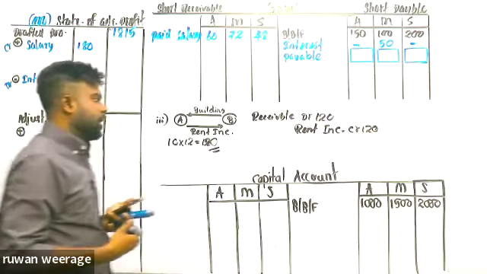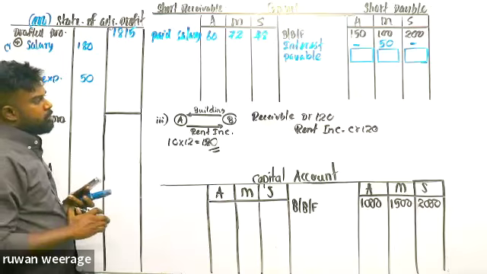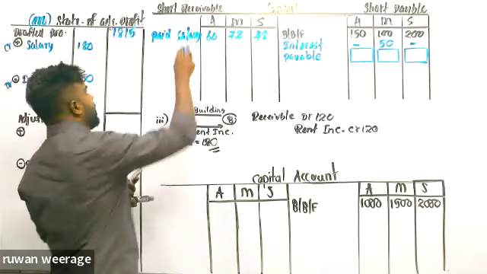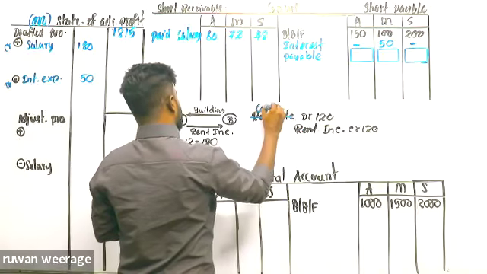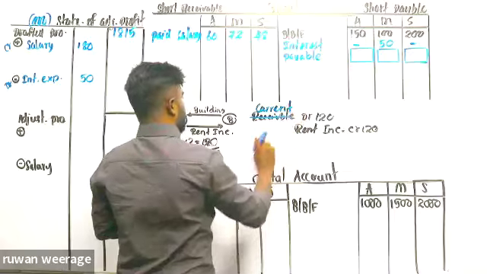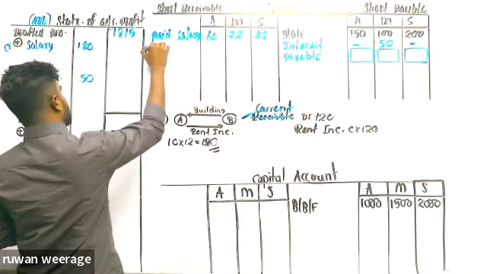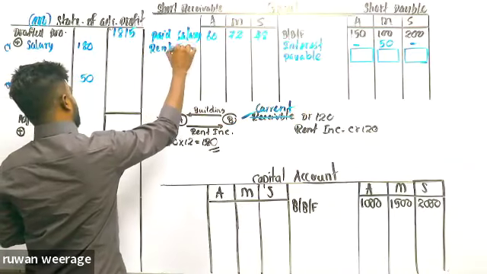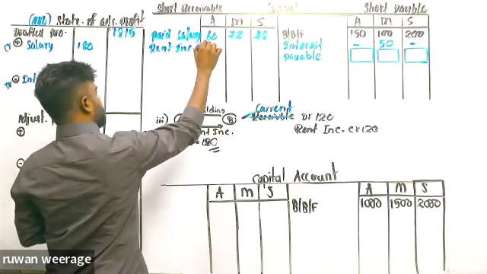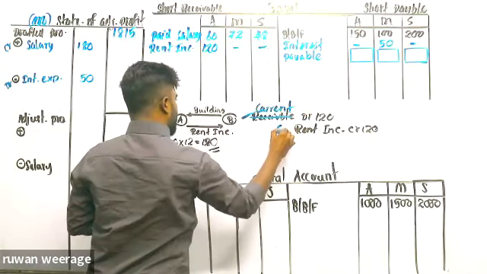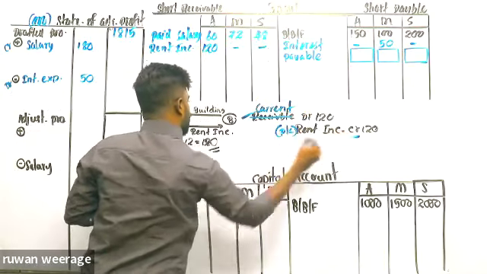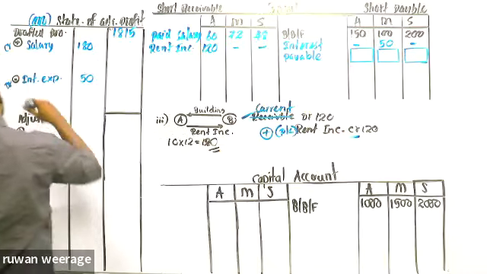Receivable from partners means short-term receivables or long-term? Short term. Receivables from partners go to current account debit. Clear? Rent, Amit, 120. Rent income P&L credit, profit plus.